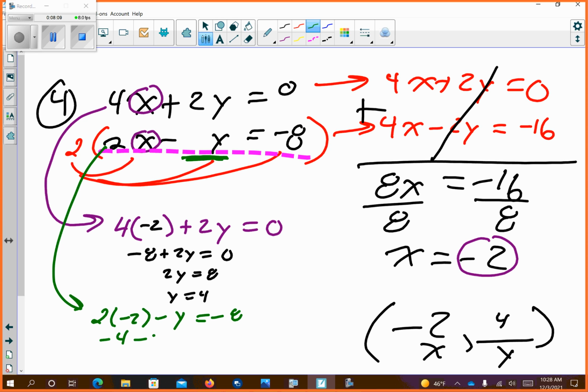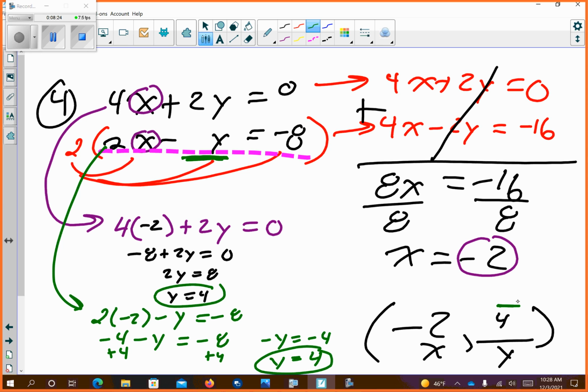That's -4 minus y equals -8. Add 4. Change both signs. Notice this and this are the same, which was this. Okay, so again, you just have to pick. It doesn't matter, which is nice.